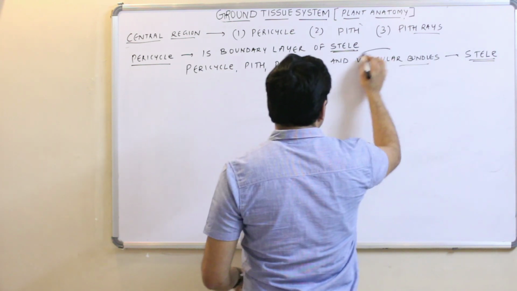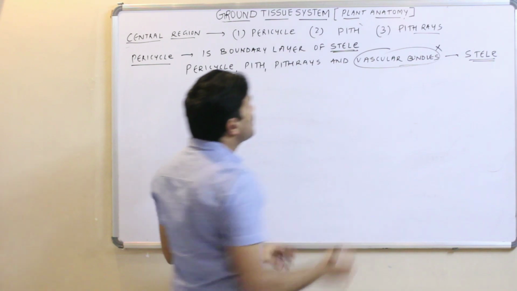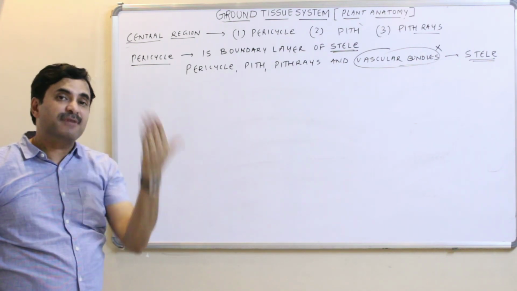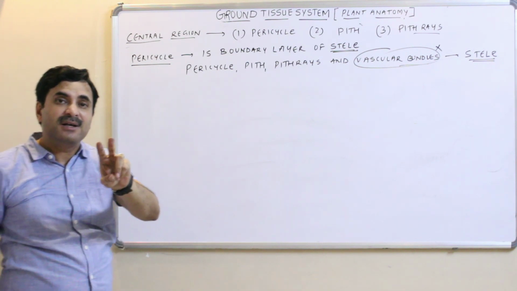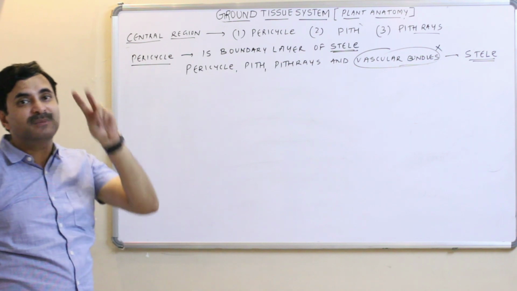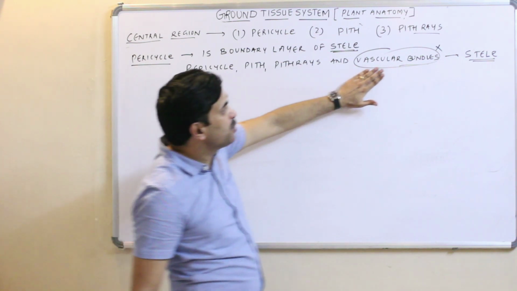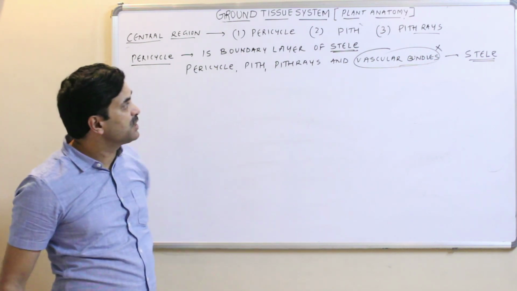Though these vascular bundles we will not study in the ground tissue system, because they are the part of the vascular tissue system, which we will be studying separately. You know now that tissue systems are of three types: epidermal tissue system, ground tissue system, and vascular tissue system. So though they are actually the part of the stele, we will be studying them separately in the vascular tissue system.